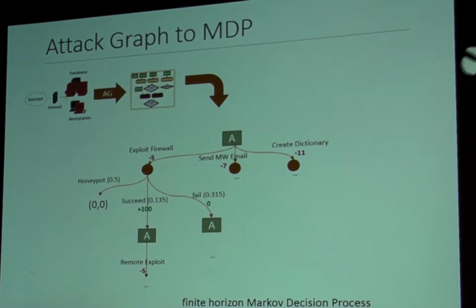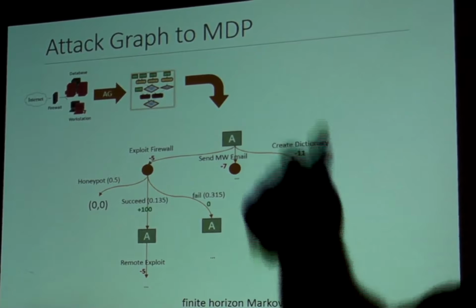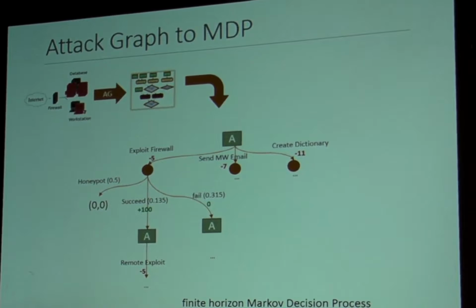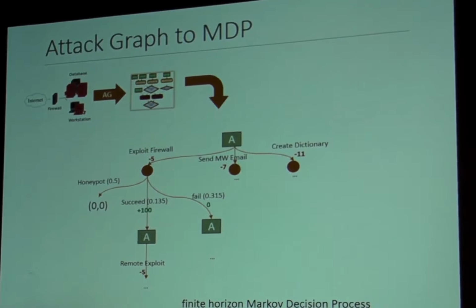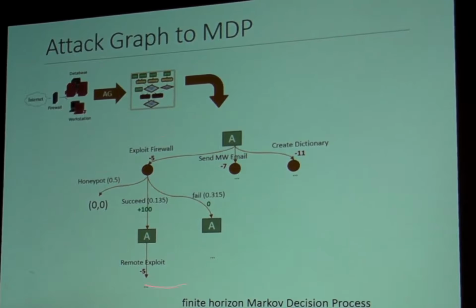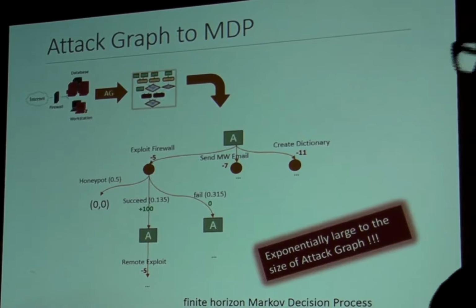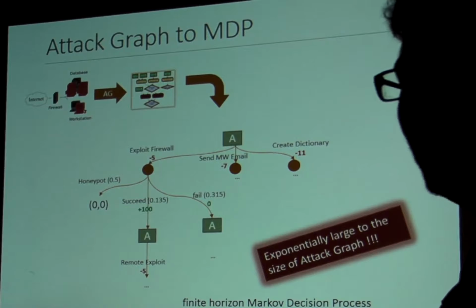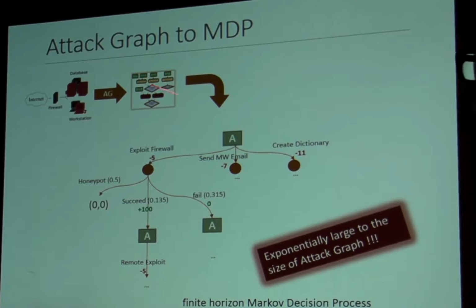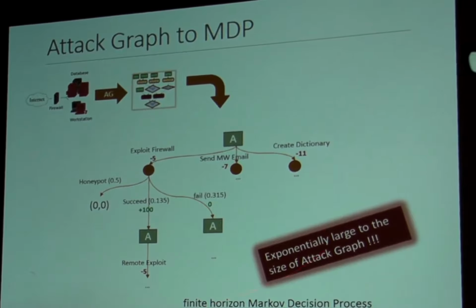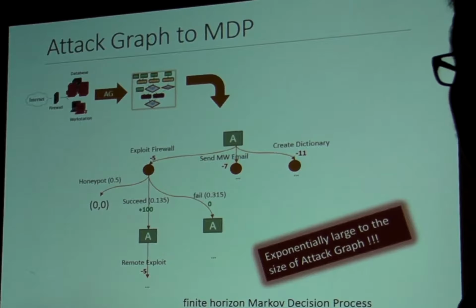And then the attacker again chooses an action. So this is a finite horizon tree, because he has a limited number of actions. And we compute the optimal policy in the MDP. This problem is really hard, it's actually NP-hard to find an optimal attack policy for the attack graph. One of the reasons is that the MDP is exponentially large.